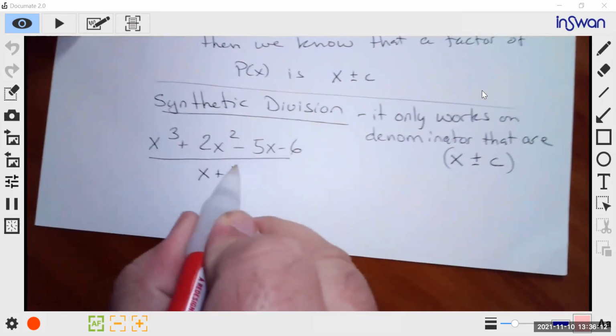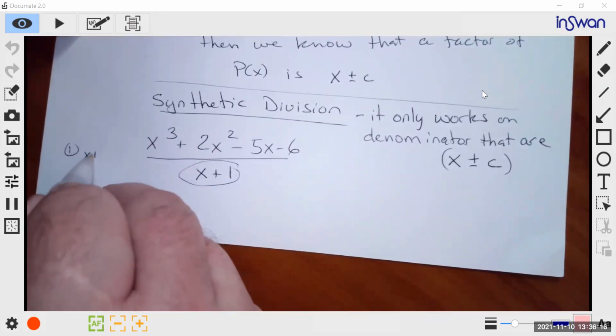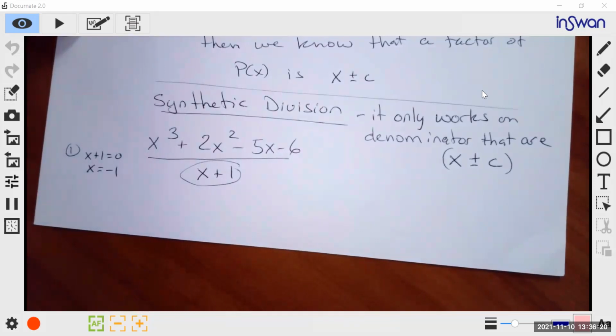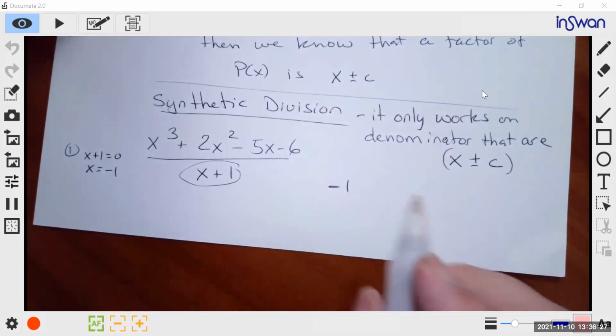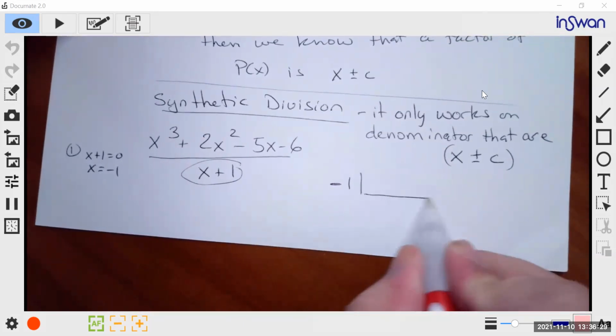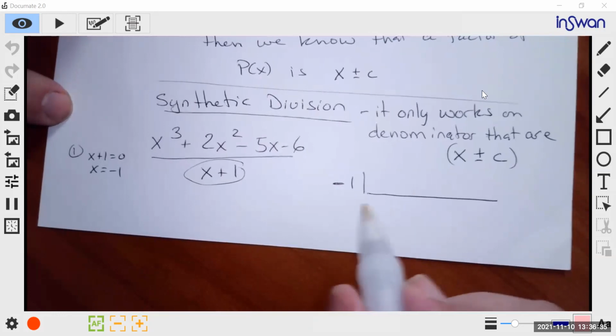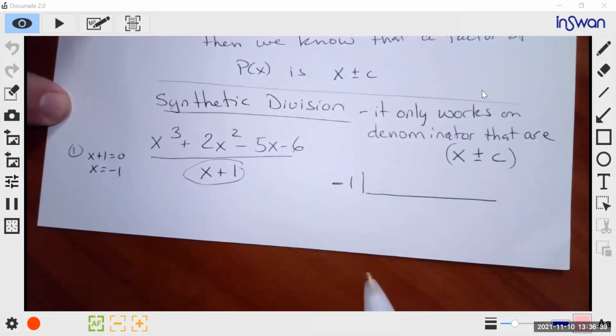The way you do synthetic division is first, take the denominator and solve it. So x equals -1. So that's what we're going to use, -1. Synthetic division is an upside down division symbol. We only use coefficients. There are no letters in synthetic division.